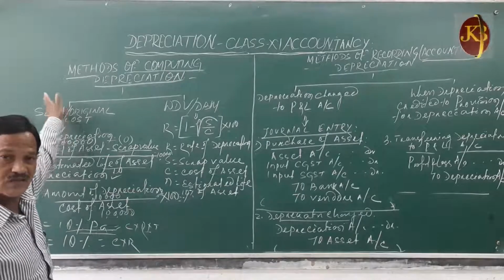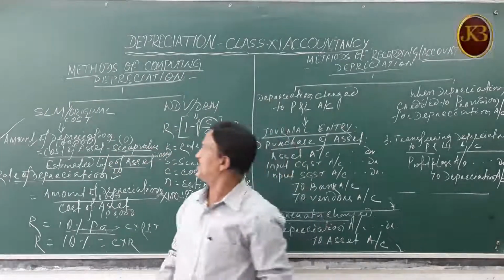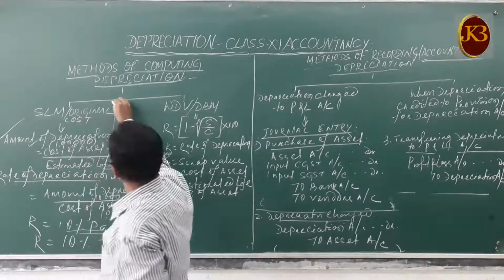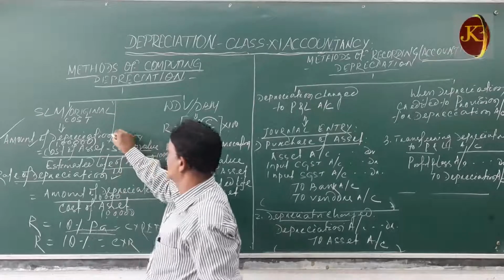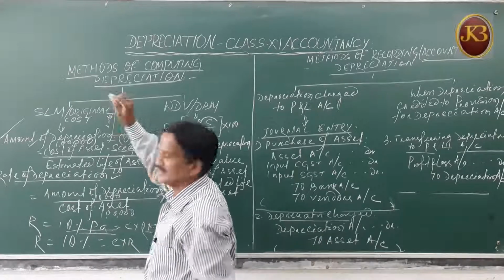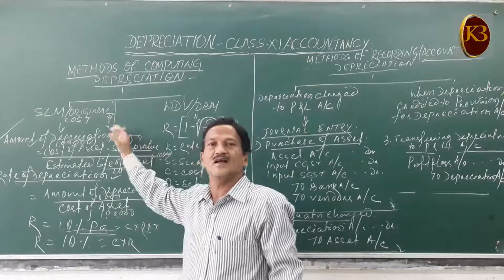Why is it the straight line method? Because if you plot it on graph paper, with the y-axis and x-axis, where the x-axis is the year and the y-axis is the amount of depreciation, that means first year 10,000, second year 10,000, third year 10,000, up to 10 years.